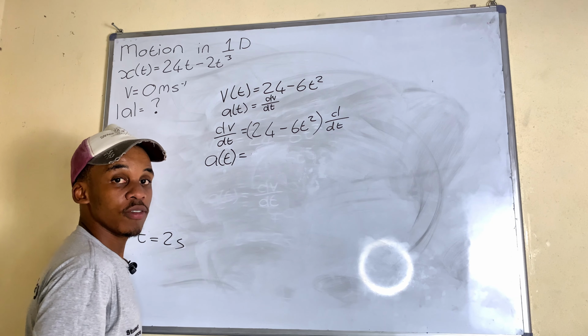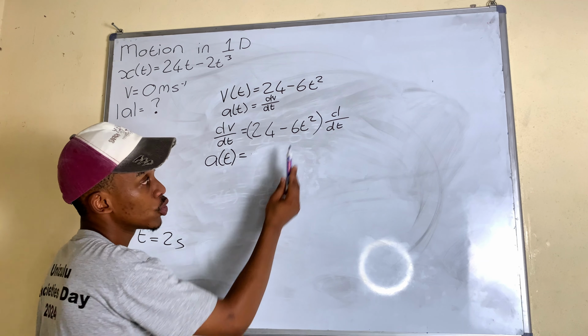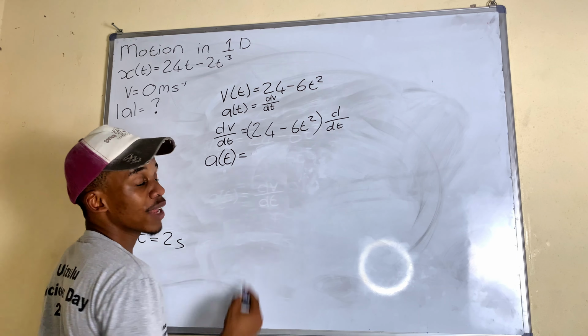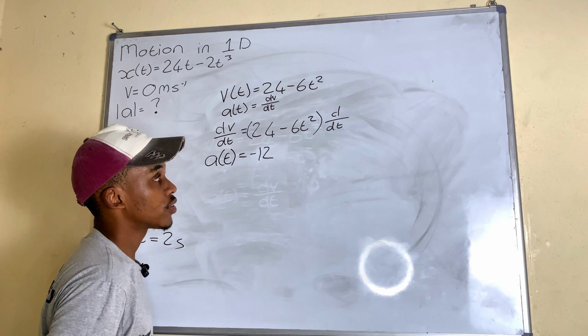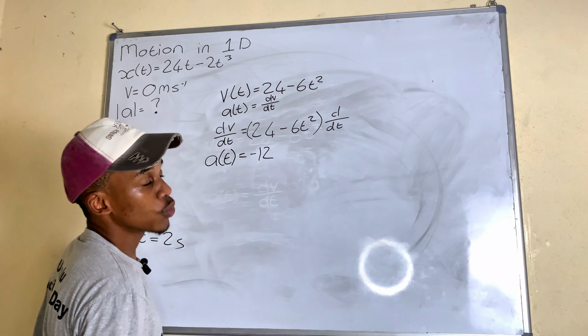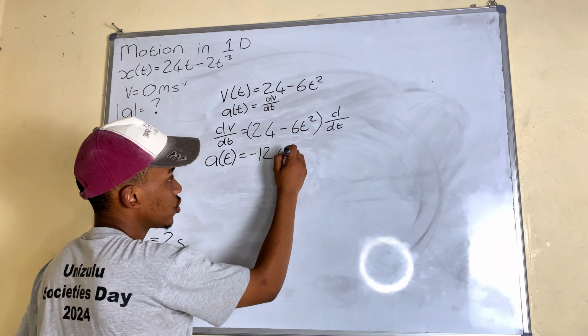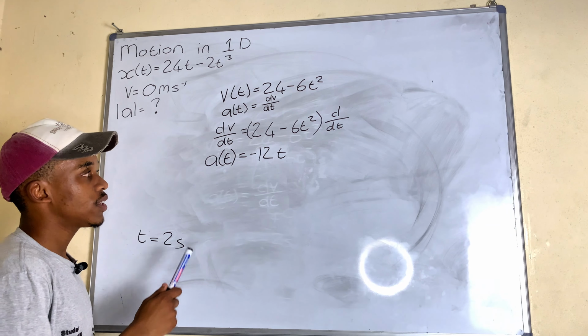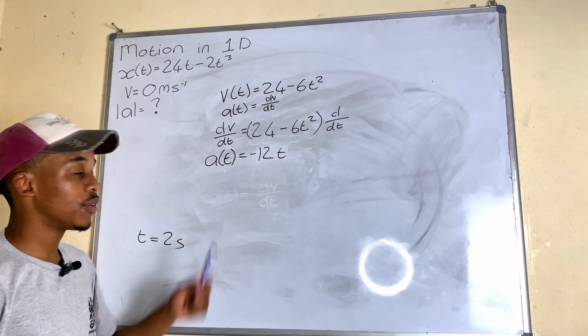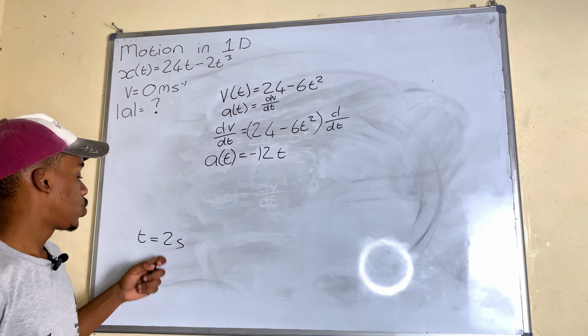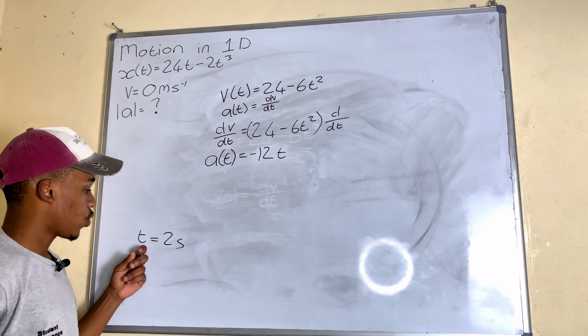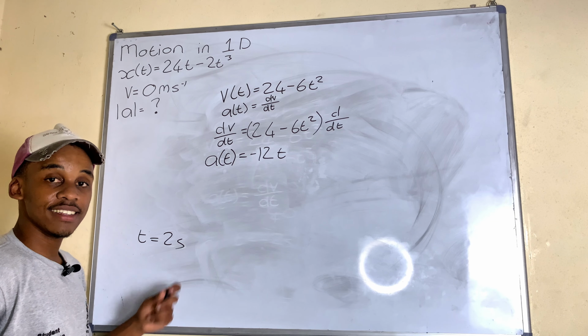The derivative of a constant is equal to 0. 2 multiplied by negative 6 gives us negative 12, and 2 minus 1 will give us 1, so I can just drop the t. This now gives us the acceleration as a function. To find our acceleration, we'll have to substitute t is equal to 2.